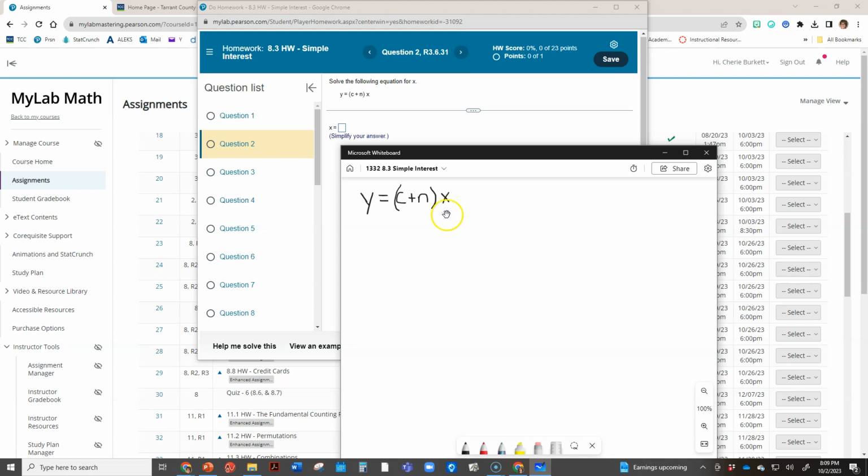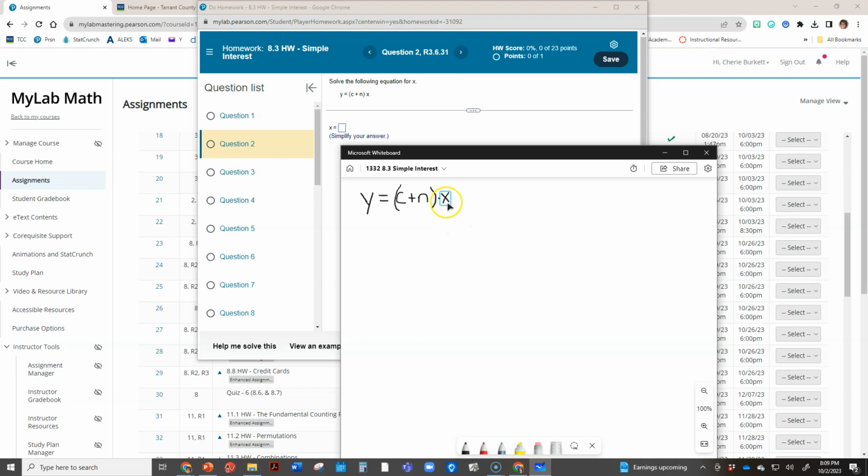And the basic rule of thumb here is to ask yourself what's happening to x. And once you determine what we're doing with x, we're going to do inverse operations to undo that. Currently, this says that we are going to multiply. The missing symbol, the fact that there was no symbol in between the x and the parentheses, was implied multiplication.